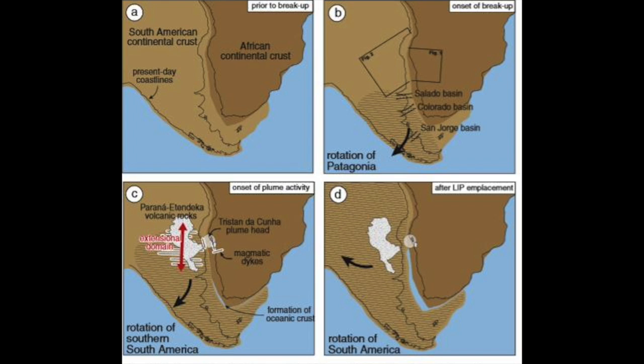For my research article titled Asymmetric Continental Deformation During South Atlantic Rifting Along Southern Brazil and Namibia, it discusses the breakup of the continents of South America and Africa during the breakup of Pangaea, specifically during the breakup of Gondwana.